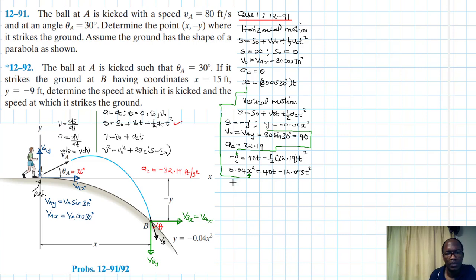Okay, once we do, then we can write this as 16.095 t squared.